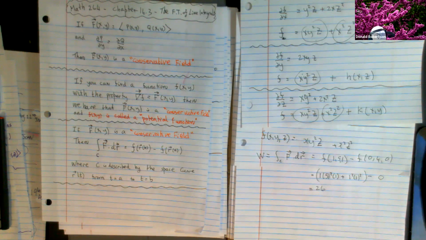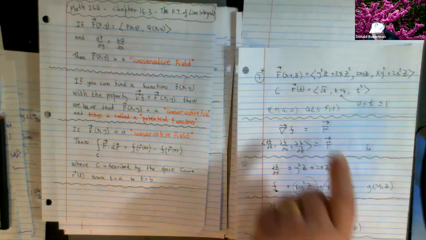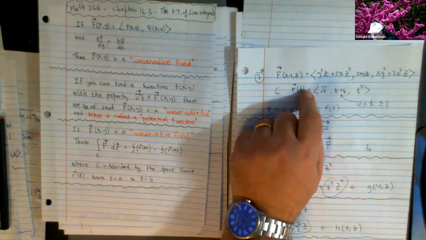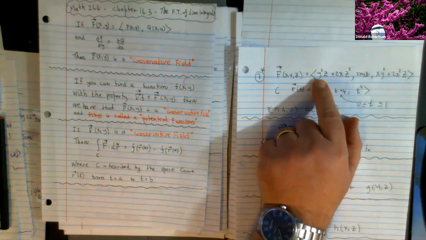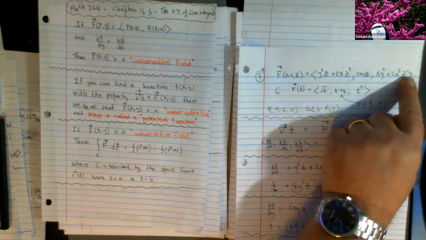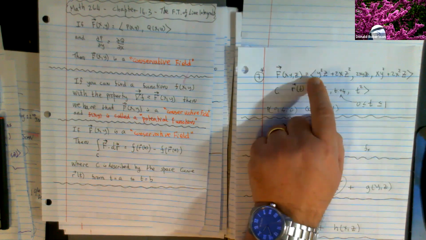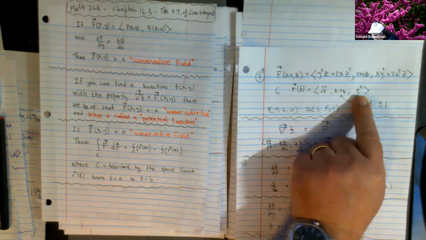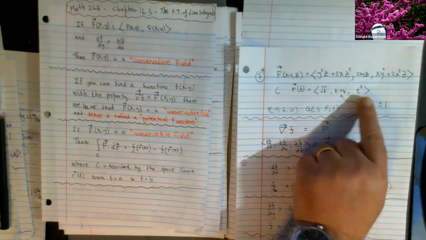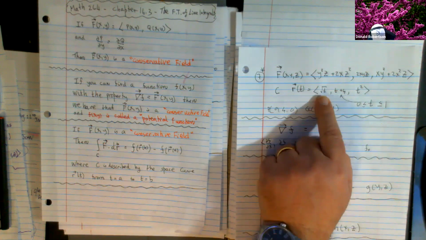Now, if we had to do this by Monday's method, Tuesday's as well, can you imagine how ugly the dot product of that is going to look when all these x's, y's, and z's are replaced by these? And remember, we still have to have the derivative of this.